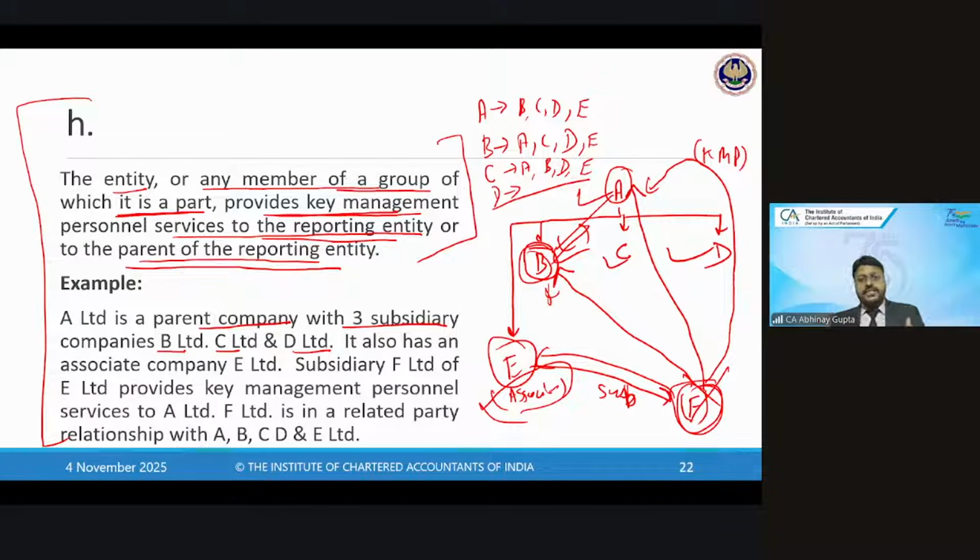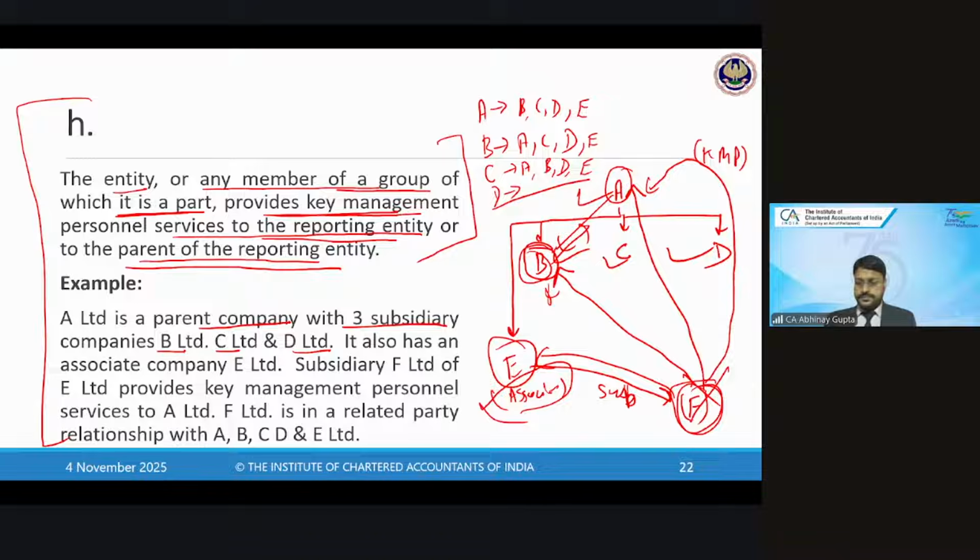So that's the objective of this standard: if anybody is providing KMP service to any of the parent or the reporting entity, then that party is also related, and hence whatever services you are taking, you need to disclose. Whatever you are paying them, you need to disclose, and whatever is the outstanding balance, you need to disclose. Is that clear?